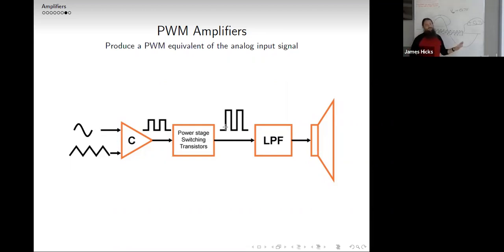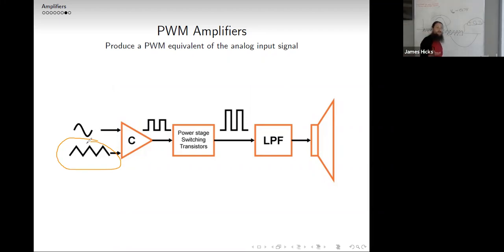This next part is pretty cool, on how you get your analog signal back out. This LPF is just a low pass filter. So you put that amplified train of square pulses into the low pass filter. It filters out all of this high frequency stuff.